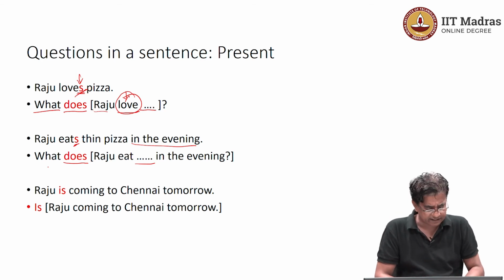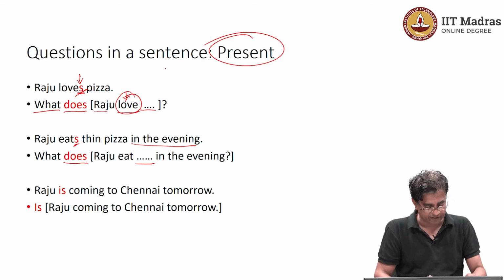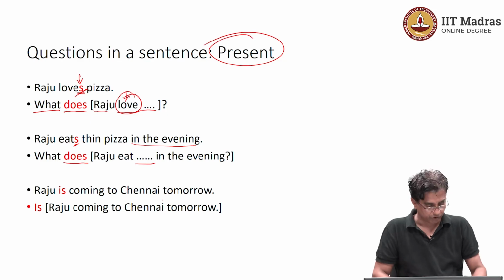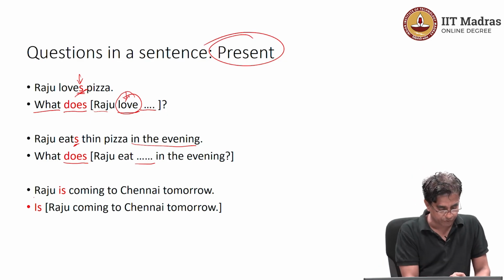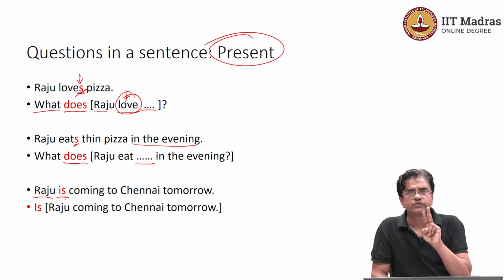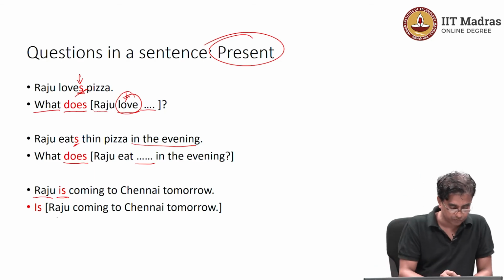Look at another sentence, because we are looking at present tense sentences. So I'm giving you an example. Raju is coming to Chennai tomorrow. You have again a singular marker and you have a tense marker here in that sentence. So when we make a question, this gets fronted and we say, is Raju coming to Chennai tomorrow?